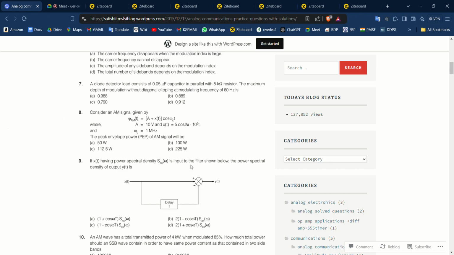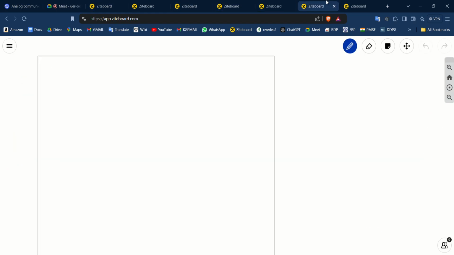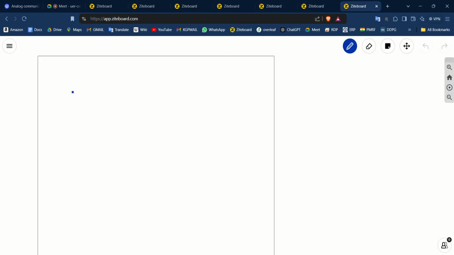So the peak envelope power of the AM signal will be. Now the AM signal is given as phi t is equal to (A plus x(t)) cos omega c t.